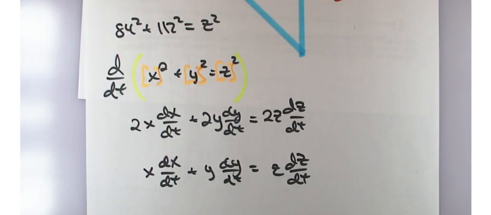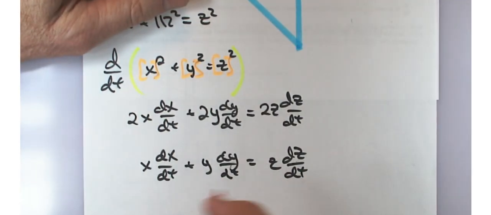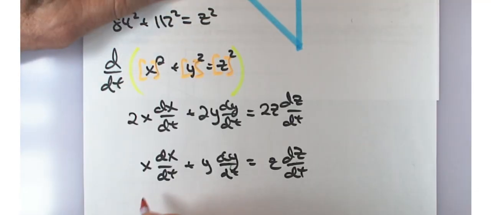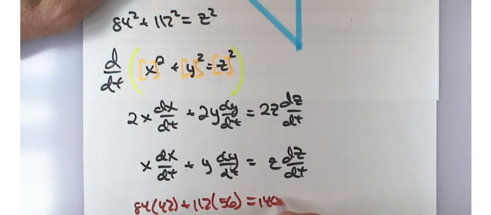We're trying to figure out what z is, so we're going to fill in everything else. That's going to be x was 84 times 42 plus y is 112 times 56 equals z, which was 140, times dz by dt.